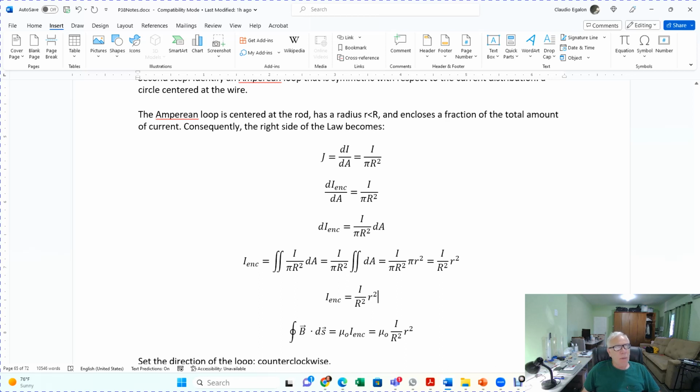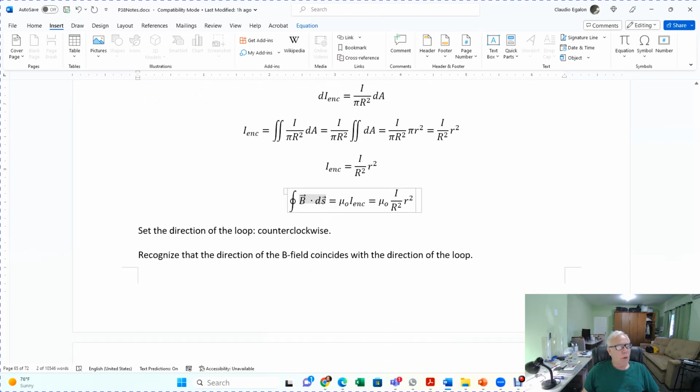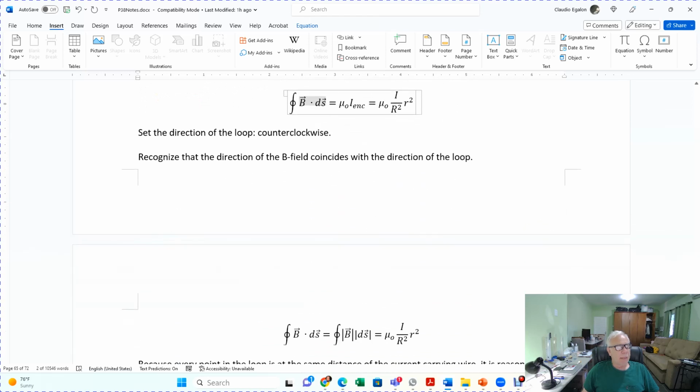And now we do exactly what we did before. We recognize that this dot product is going to be the magnitude of B times the magnitude of ds, because both vectors point in the same direction and are parallel to each other. So we can write B ds.